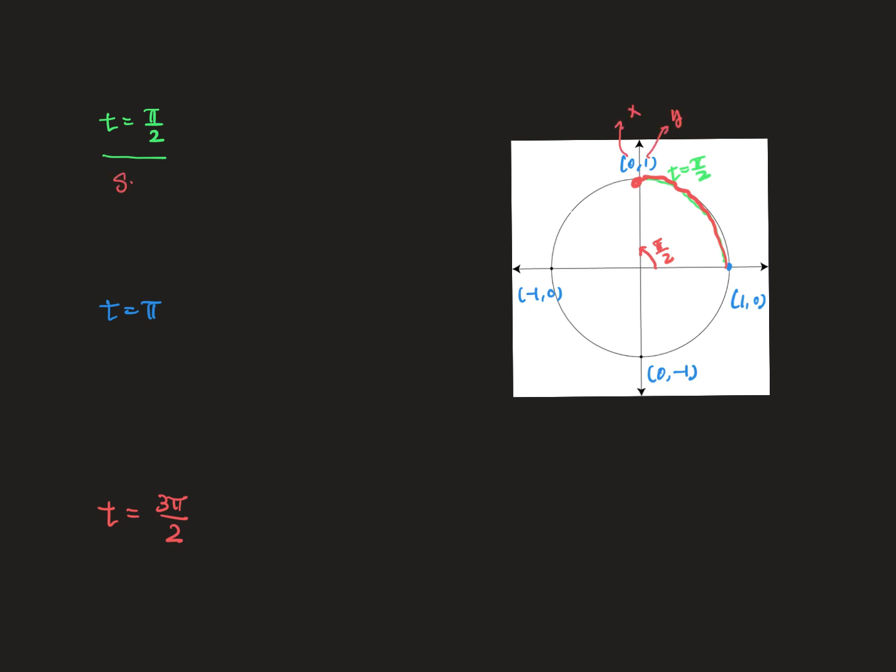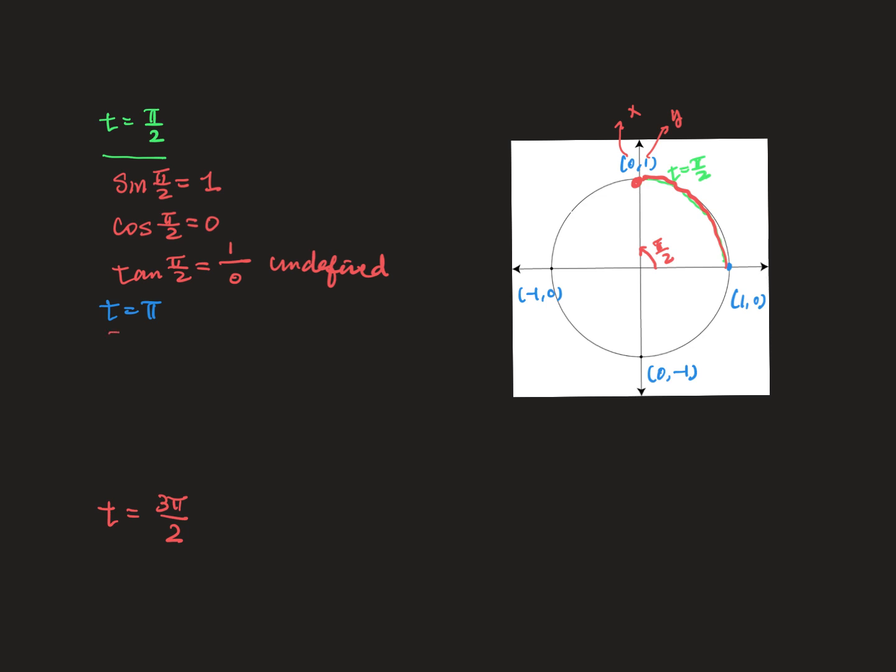So sine pi over 2 is the y value, which is 1. Cosine pi over 2 is the x value, which is 0. Tangent pi over 2 is y over 0, which is undefined. Guys, make sense? It's the same thing for cosecant, secant, cotangent.